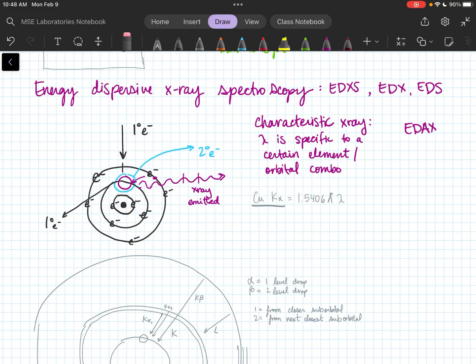EDAX is a company that makes EDS detectors. So I prefer not to call them EDAXs because the three that I run, one is a Thermo Fisher, one is an Oxford, one is a Bruker. None of them were made by EDAX. That's the lineup we have here. But that is not an acronym for this technique, so I prefer not to call it EDAX specifically.